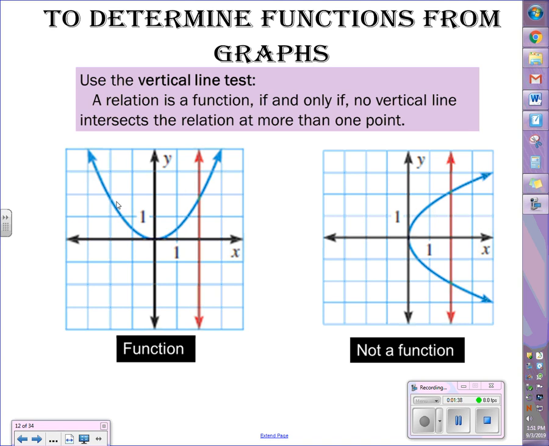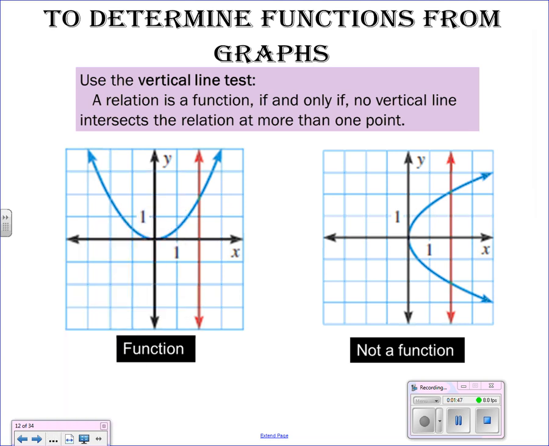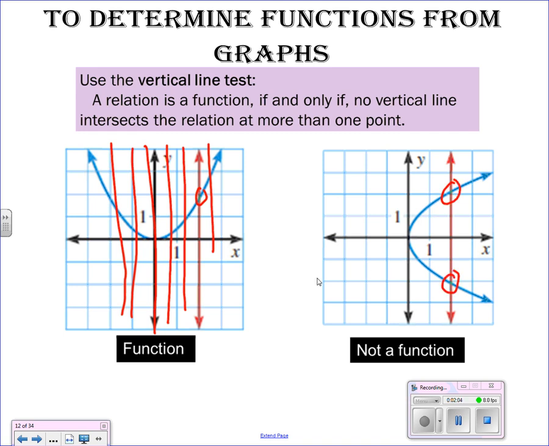So that's why the graph on the left is a good function, because every vertical line, and I can draw several, and it's supposed to be straight up and down, only touches the blue graph one time. So that is good. But the graph on the right, this one line hits two spots. So again, the vertical line is only allowed to touch once.